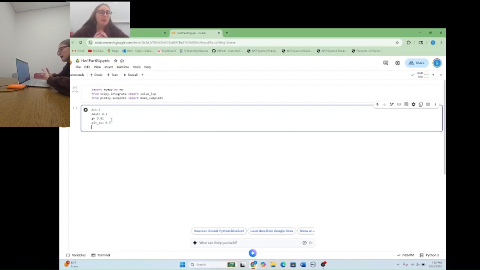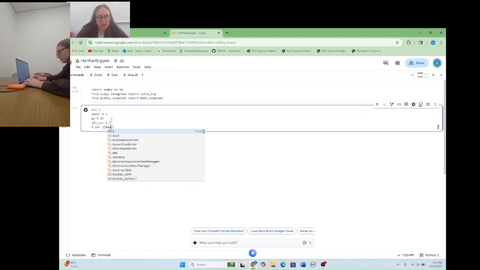And then from this, we know that we're going to have our height at steady state, and this is going to be equal to the quantity A out over Qn at steady state, squared, divided by 2 times g.